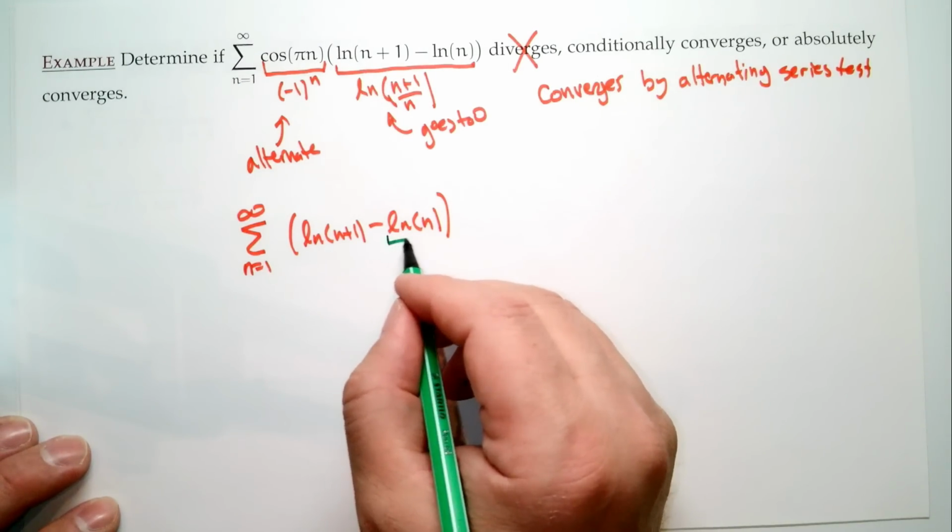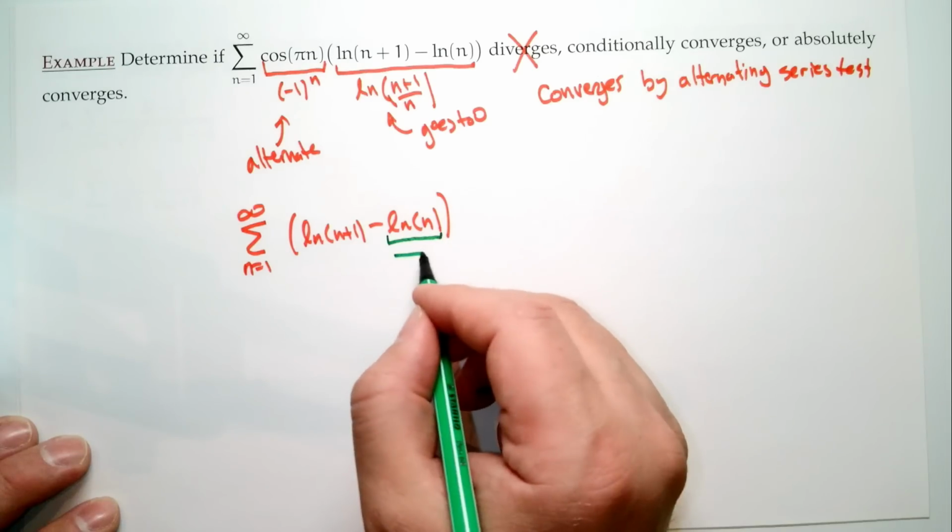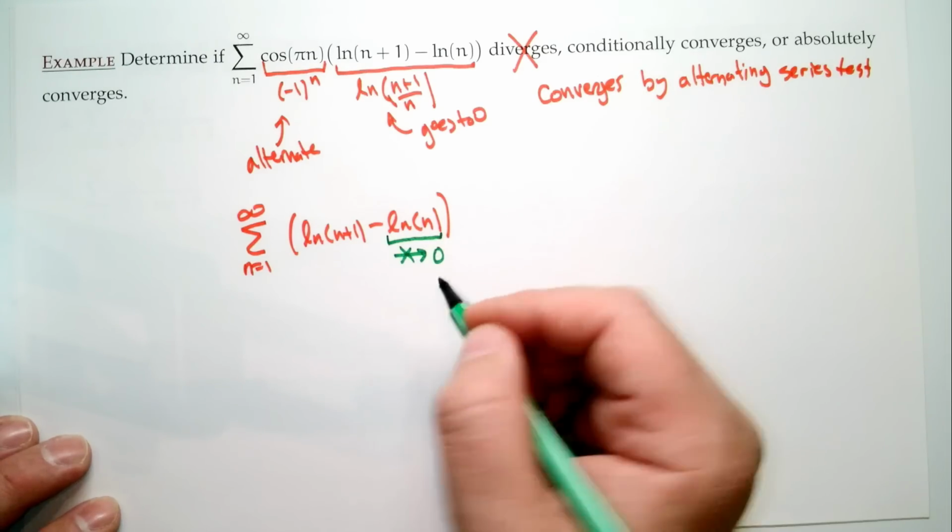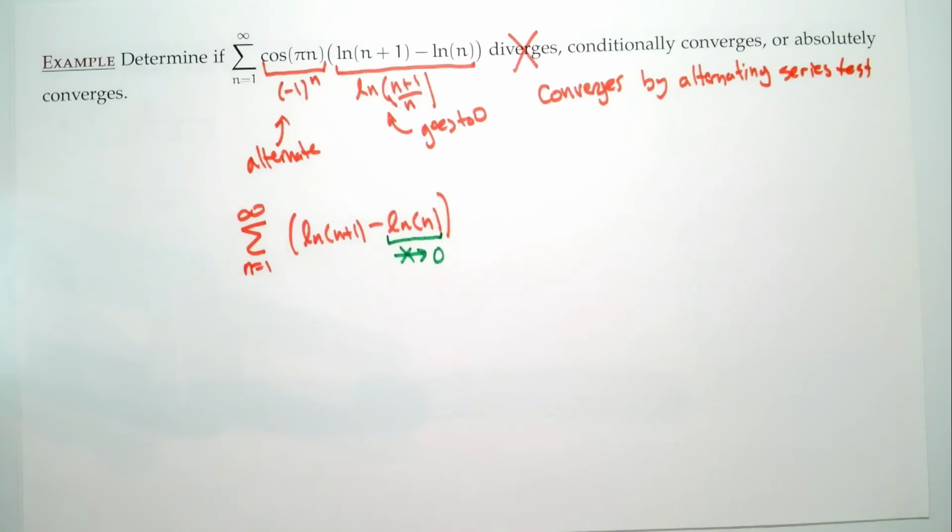Now, unfortunately, if we look at our pieces, this is not going to 0. That's bad news. In fact, it's really bad news. Not only does it not go to 0, it doesn't go to a number. Where does it go to?